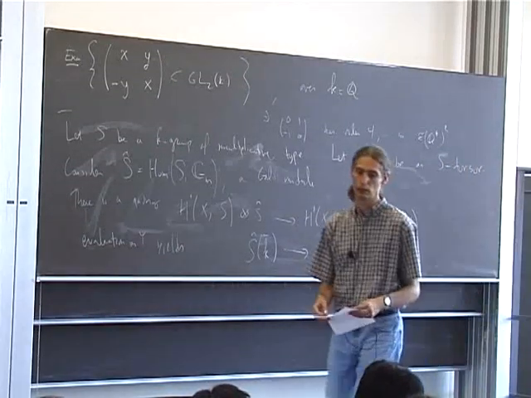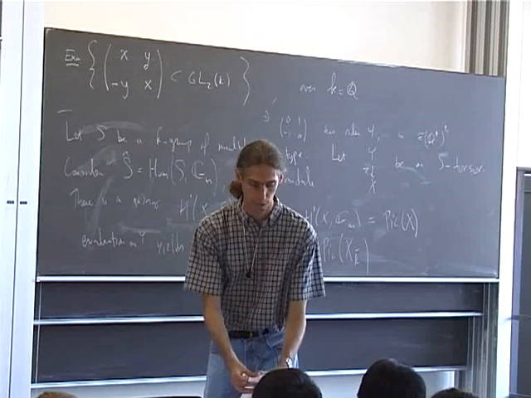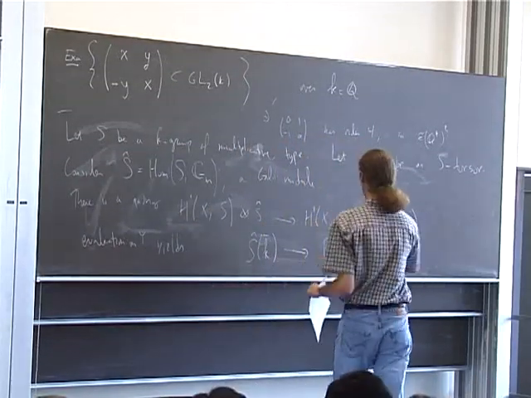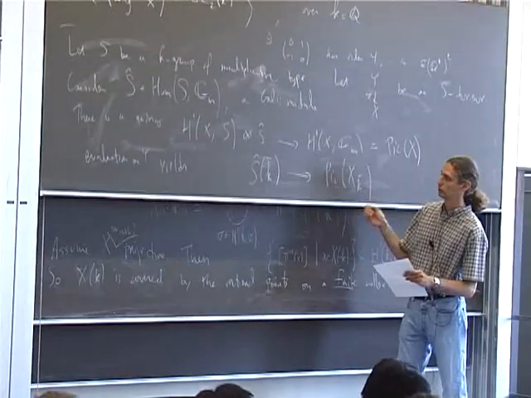Part of this theory is to identify a special class of torsors, the ones for which this map is an isomorphism of Galois modules.